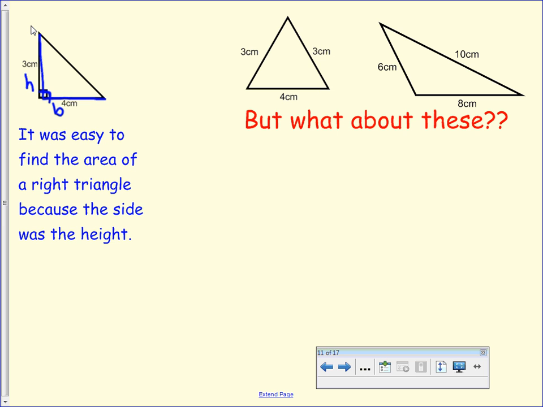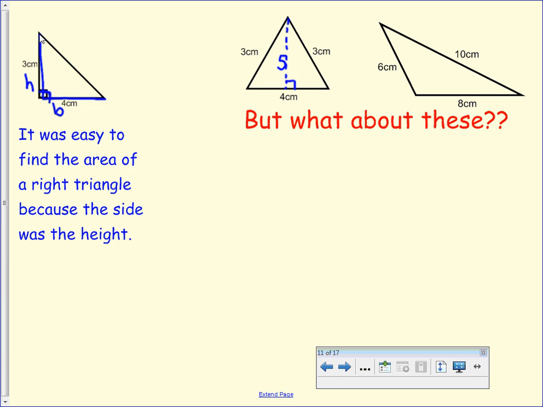Do we have a right angle? No. So we have to find the height. I can go from this angle and go straight down, and now that forms a right angle with the base. So I don't know, maybe that would be about 5. So that's our height. But look at this obtuse triangle.